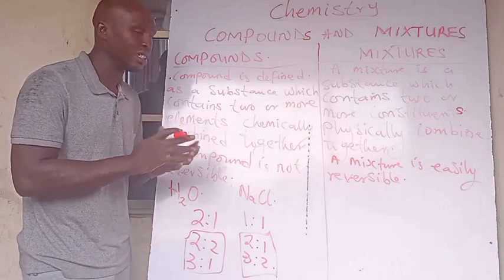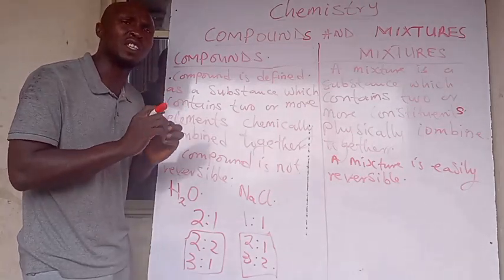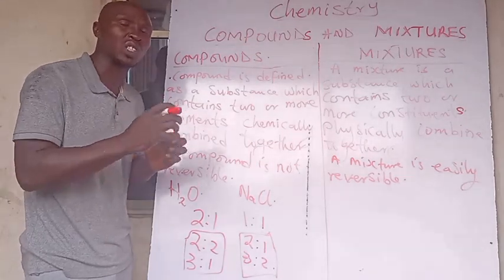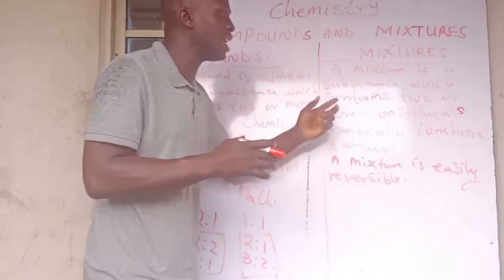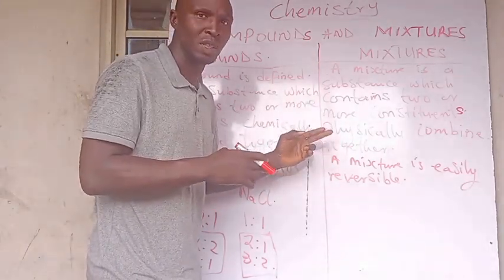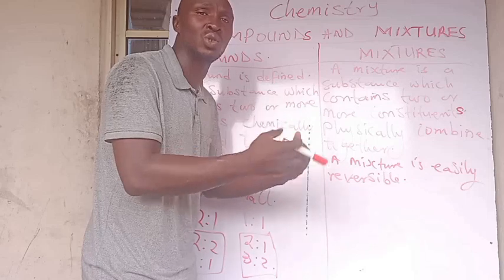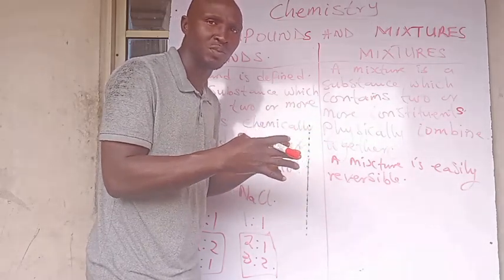So generally, a compound is formed as a result of a fixed ratio of combination between the constituents. But it's not like that with a mixture. In a mixture, you can have as many combinations as you want.